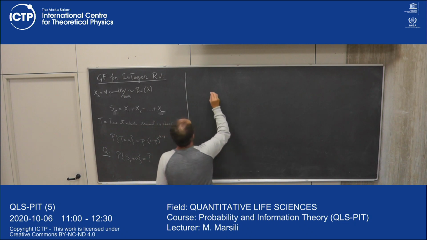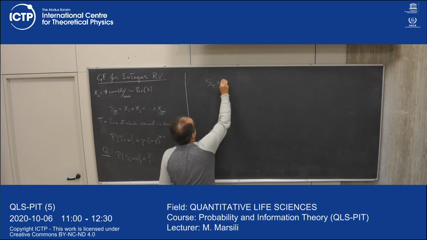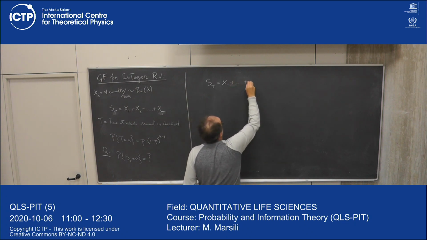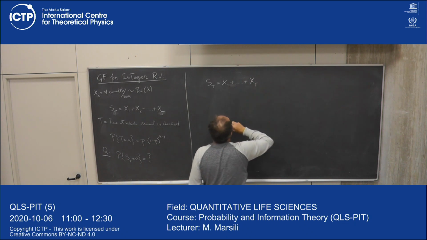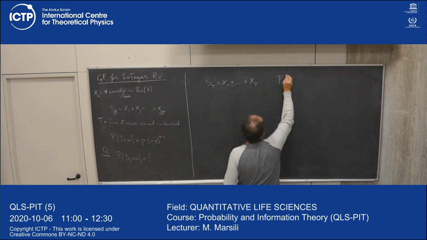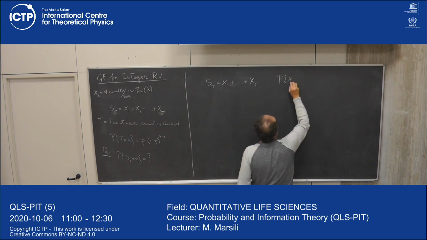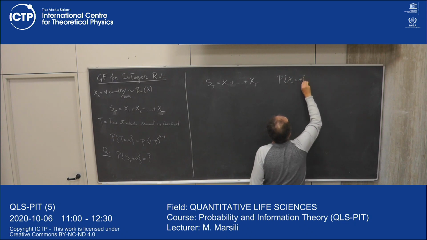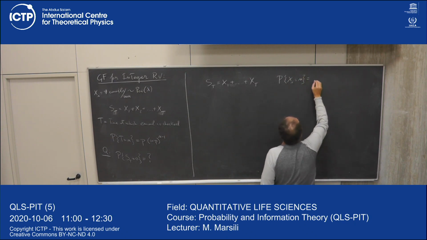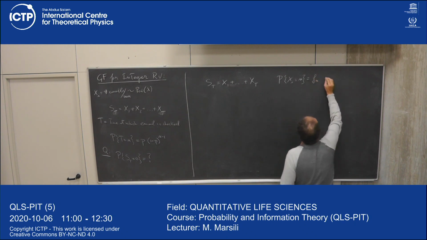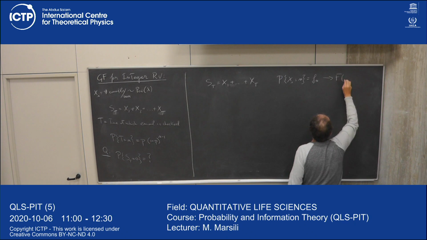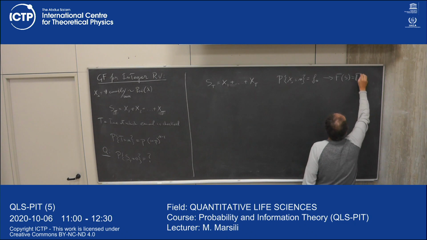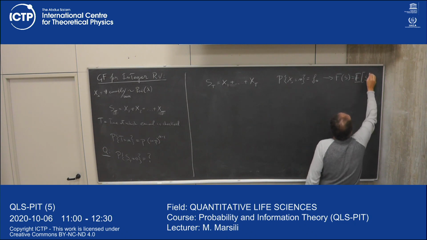Let's say that you are interested in this random variable, which is a sum of a random number of random variables, and that the probability that xi is equal to a certain value n is equal to, let's call it fn, and the corresponding generating function, we will call it f of s. This is just the expected value of s to the x.